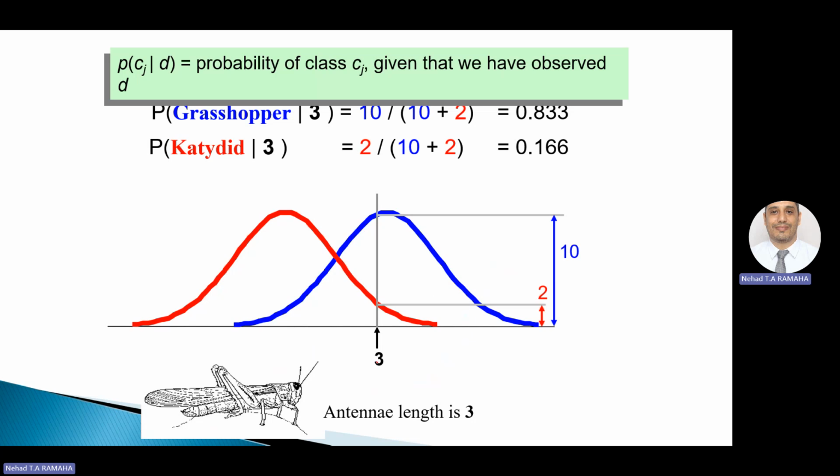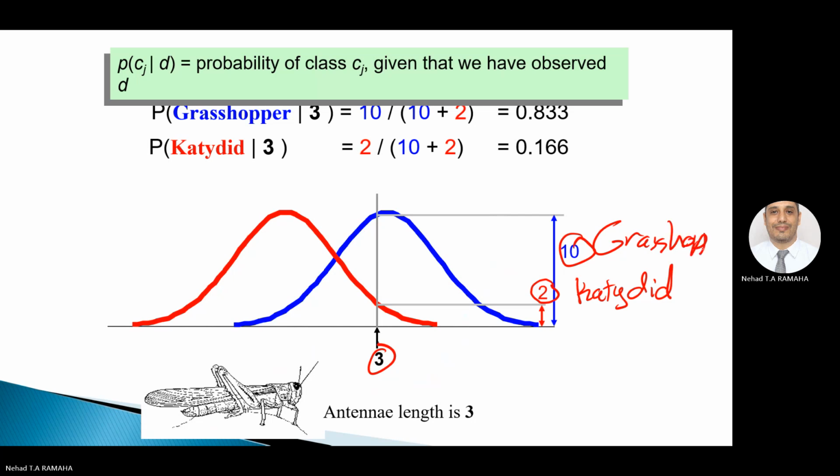So with antenna length 3, we have 2 katydid, and with antenna length 3, we have 10 of what? Grasshopper. So even without calculating the probability, it's almost surely grasshopper with antenna length 3.